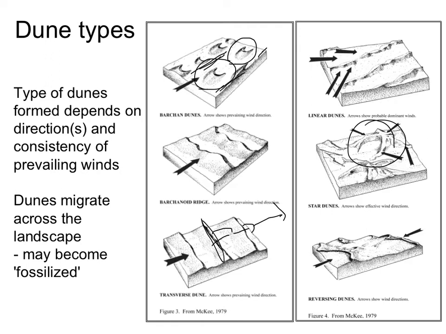And so the morphology of the dunes can tell you something about the wind regime in the area, which I think was the focus of many of the papers that you guys in the Aeolian group were looking at.